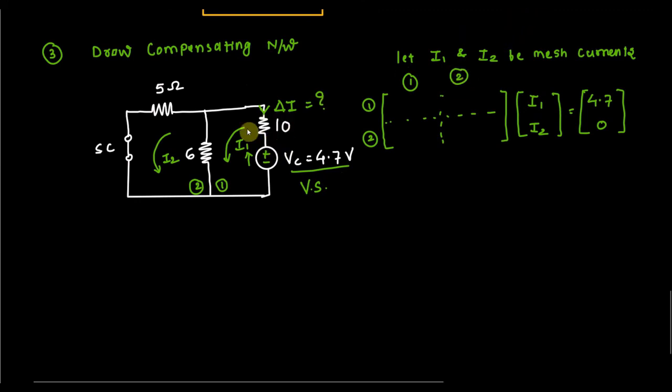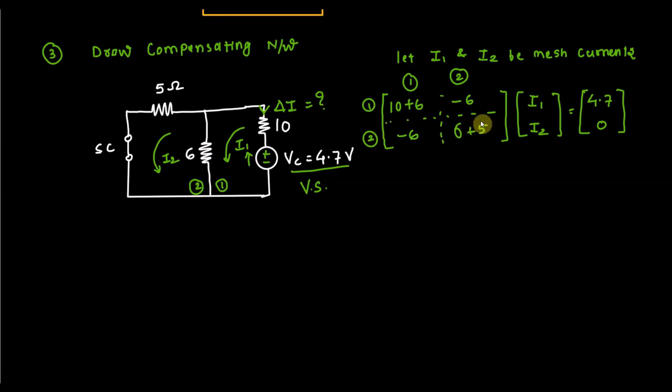Fine. So what are the elements in mesh 1? It is 10 plus 6. I directly write 10 plus 6. Common is 6, so it is minus 6. This is minus 6. And here we have 6 plus 5, that will be 11.